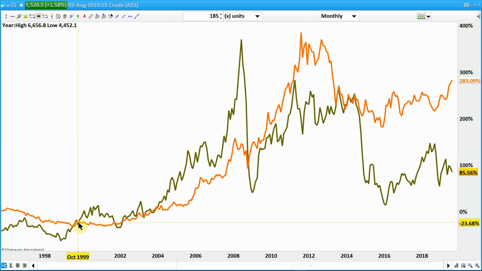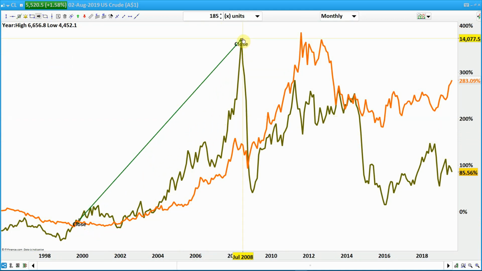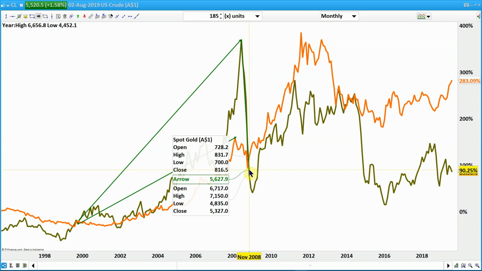From this point to this point, crude oil went up, and gold went up. Crude oil came down very heavily in this month. What happened in September, October, November? GFC. Okay, so he's saying because of GFC.